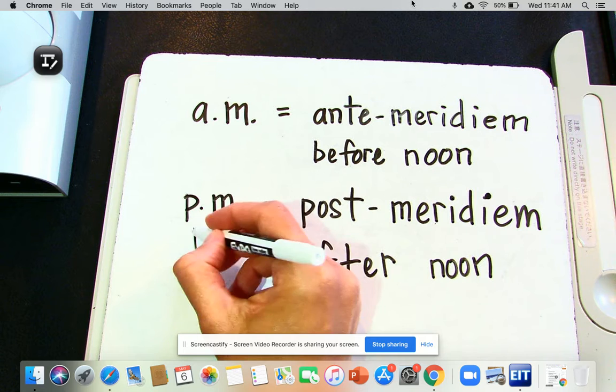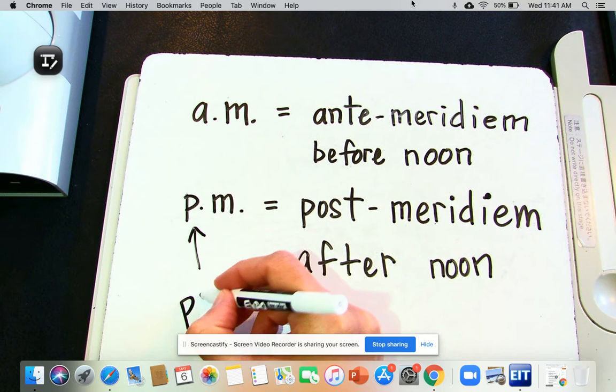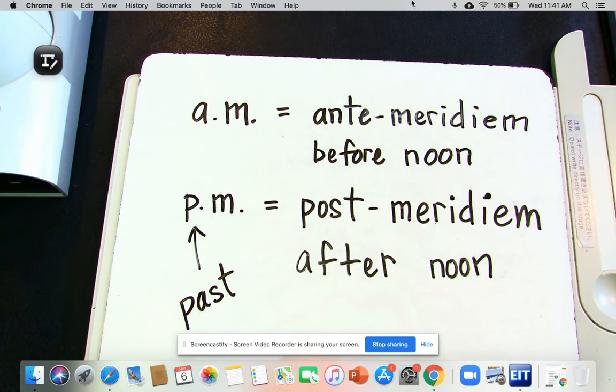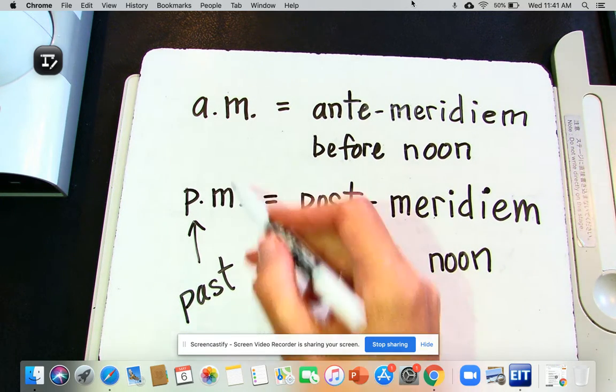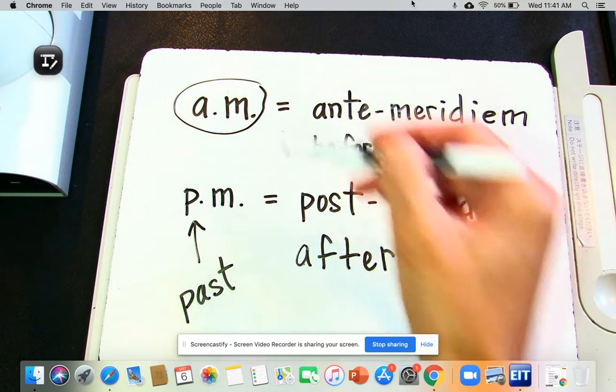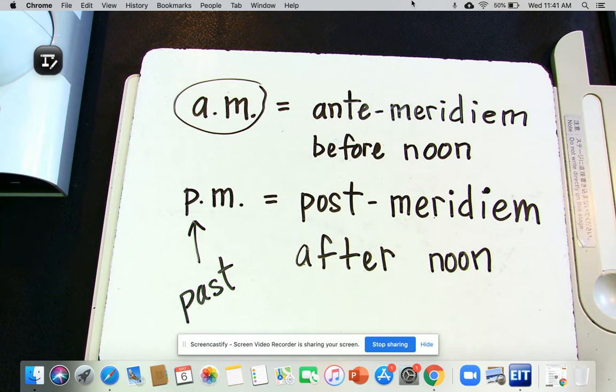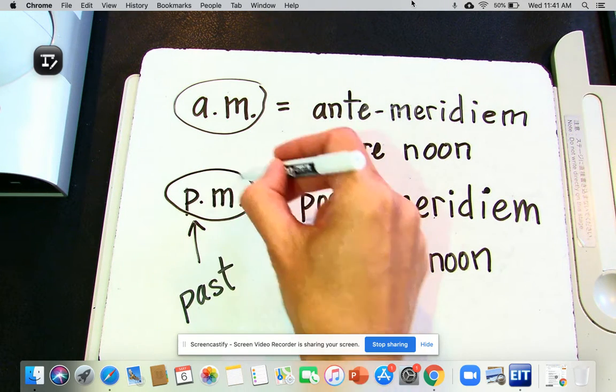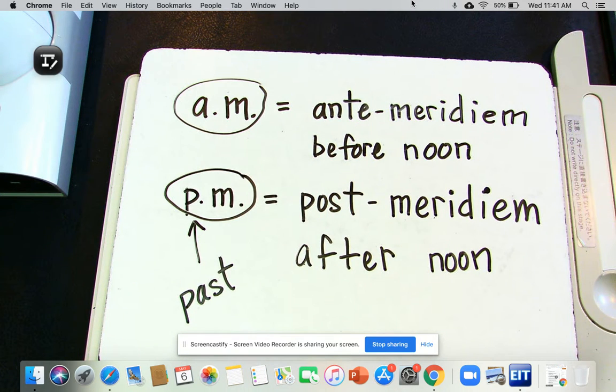Maybe we can think about P as being for past. So that's a way that we could remember it. Usually when we talk about the AM, we're talking about the morning time. And PM is sort of the afternoon and the evening. So AM before noon and PM after noon.